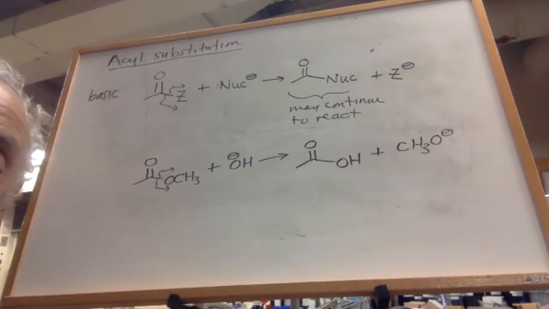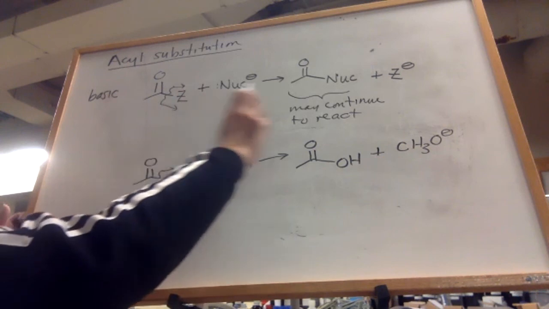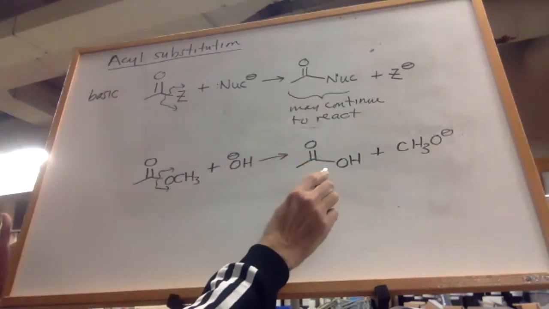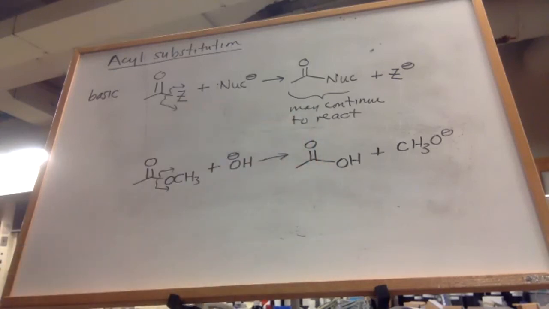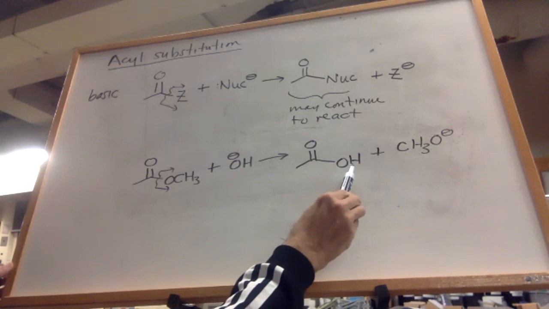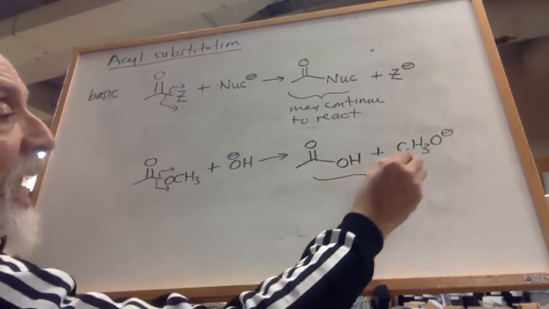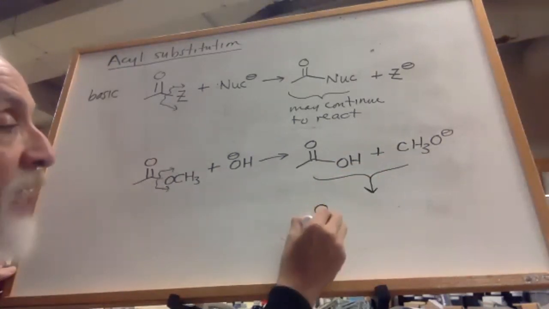The acyl substitution is over, but the reaction is not over, because frequently when we have acyl substitution under basic conditions, the product of the acyl substitution may continue to react, and that's exactly what it does here. There's the acid, there's the base. These guys are going to engage in an acid-base reaction.